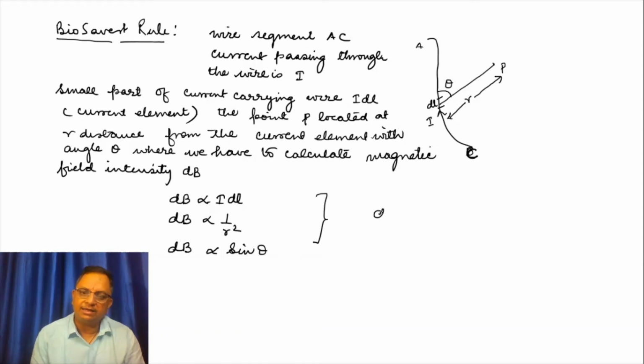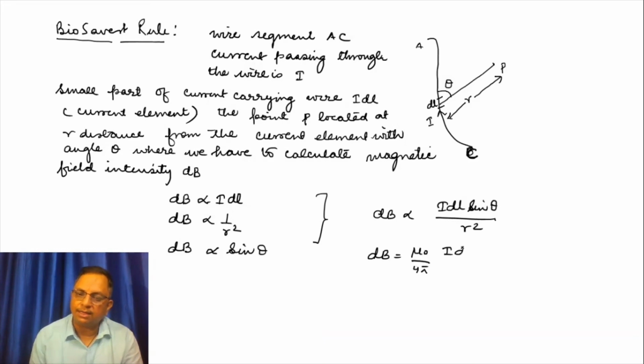We find that dB is proportional to I dl sine theta over R square. Removing the proportionality, we get the term mu 0 over 4 pi I dl sine theta over R square. This is the magnetic field intensity value at this point.